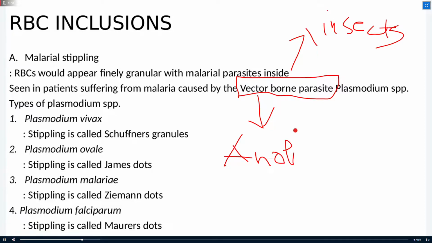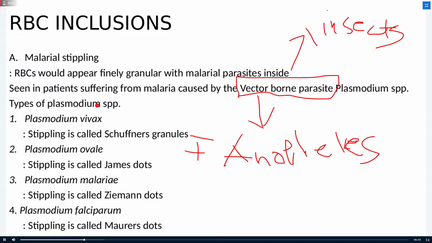Anopheles. Pwede rin yung Aedes. But most likely, Anopheles. Anong gender ng Anopheles to, class? Female. Very good. Now, there are 5 common malaria, class, Plasmodium species, but let's just stick with the 4.